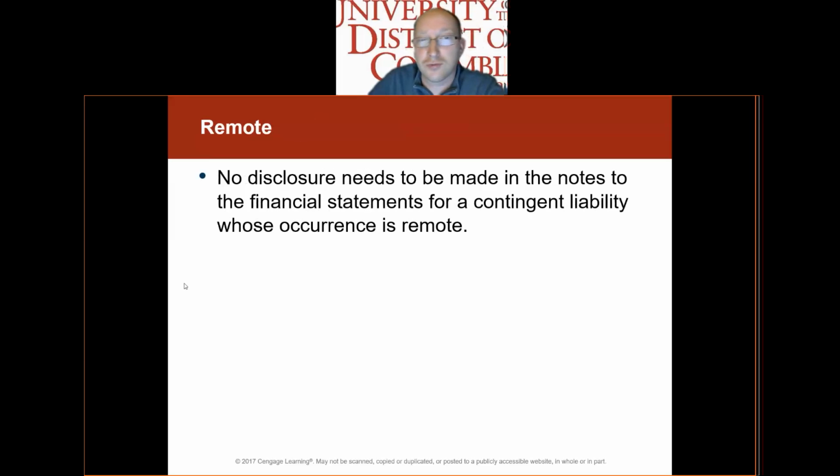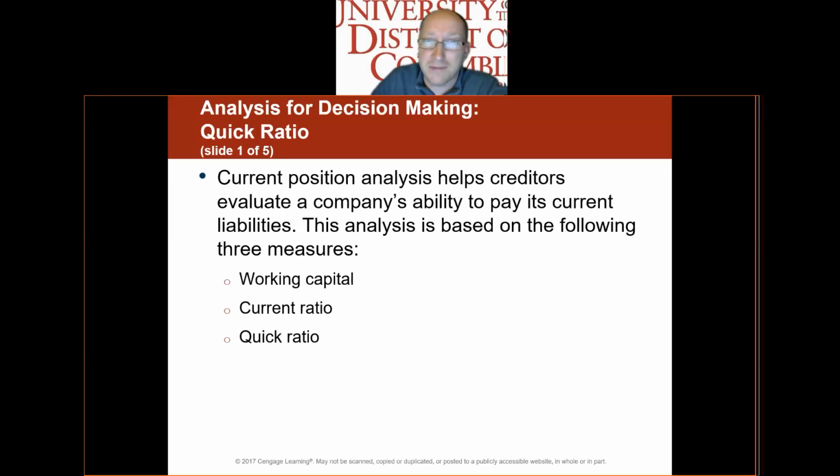If something is remote, meaning it probably won't happen, there's no disclosure that needs to be made, because if it's probably not going to happen, what's the point of saying something about it? But sometimes they still do. Sometimes it's safe just to disclose. I always say just disclose it. Don't risk not disclosing. Always disclose when in doubt.